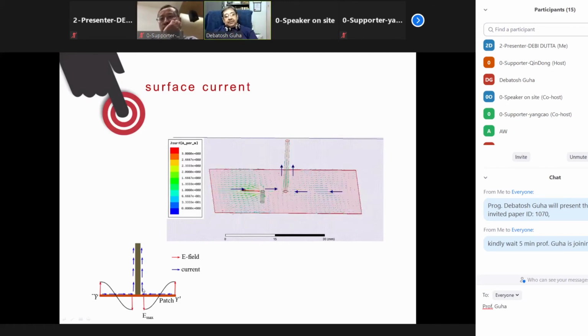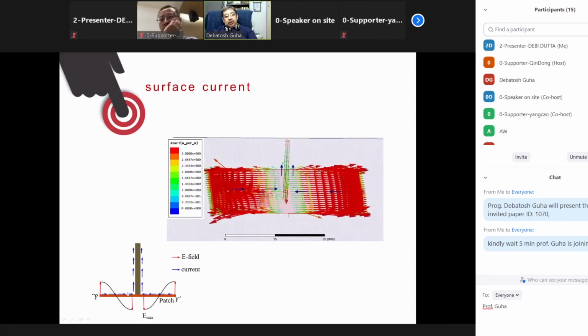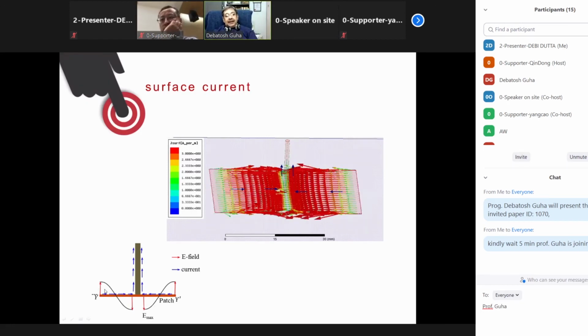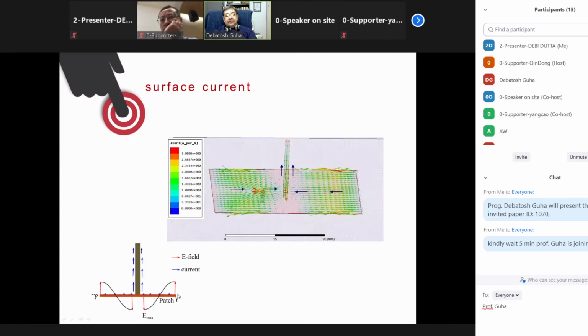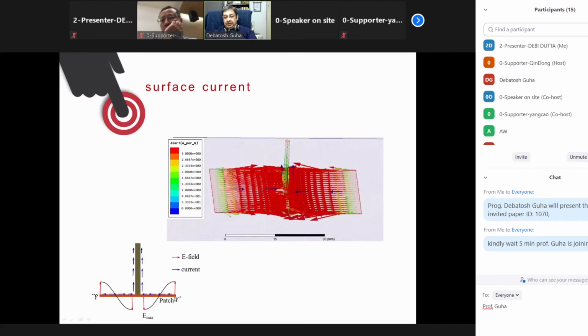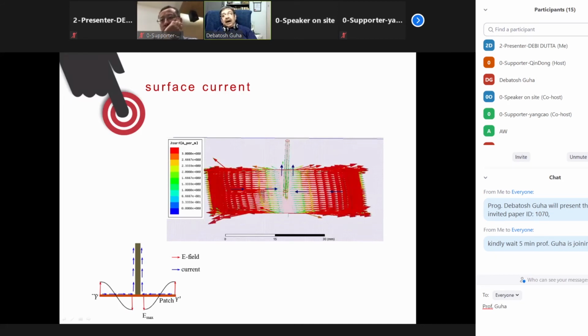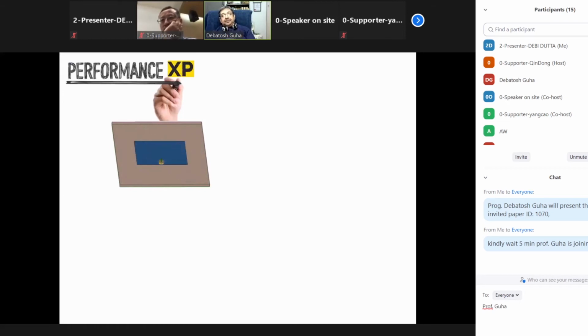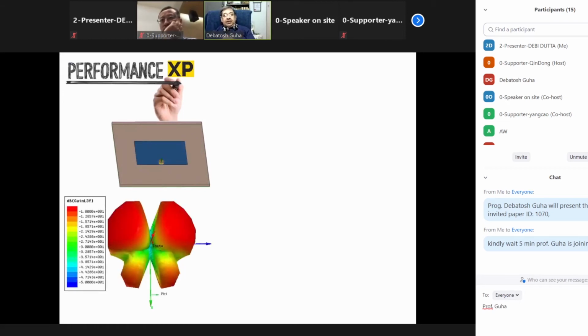So current distribution is shown through blue and red is the field. So redistributed field, it is under the control of redistributed current distribution. Now you see how do they influence the radiation, their performance.